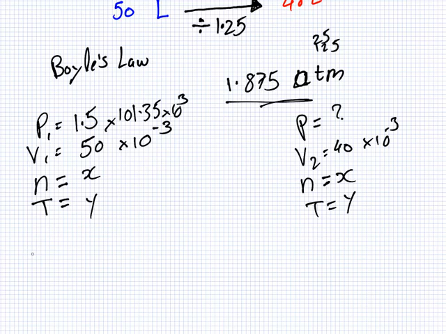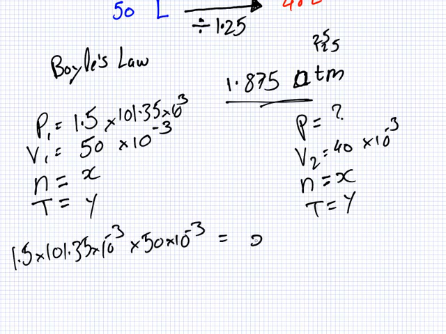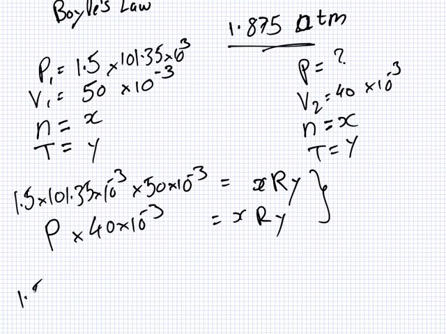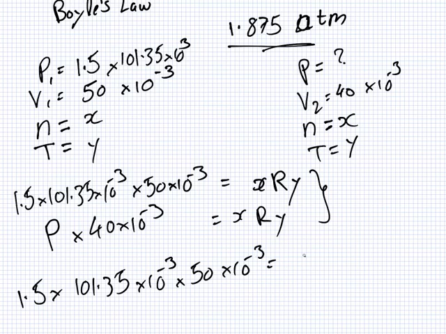So if you have here P times V, that equals nRT. And here, P, which you don't know, times V equals nRT. These are the same, aren't they? So you can make this equation. 1.5 times 101.35 times 10 to the minus 3 times 50 times 10 to the minus 3 equals P times 40 times 10 to the minus 3. Cancel.